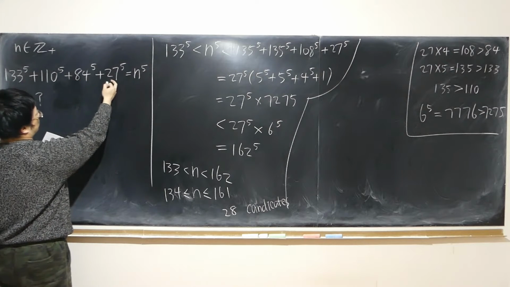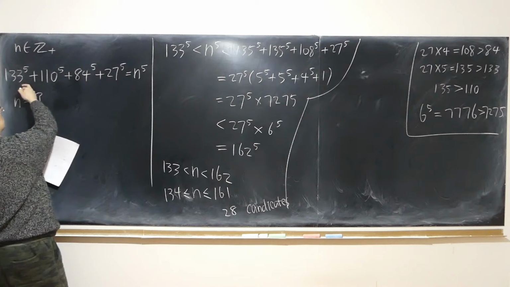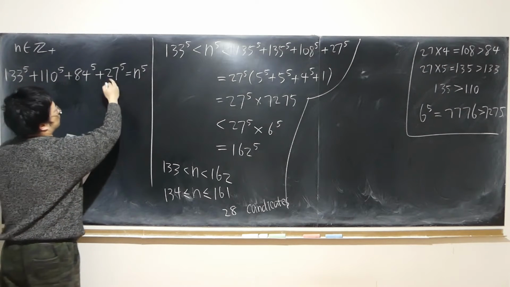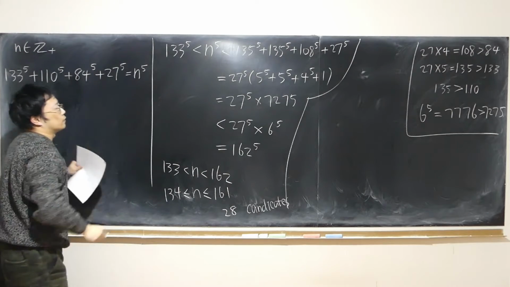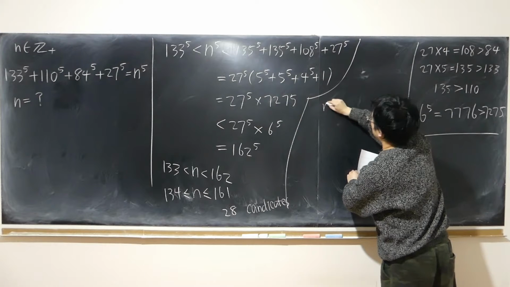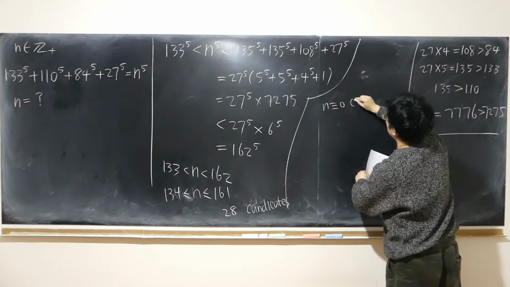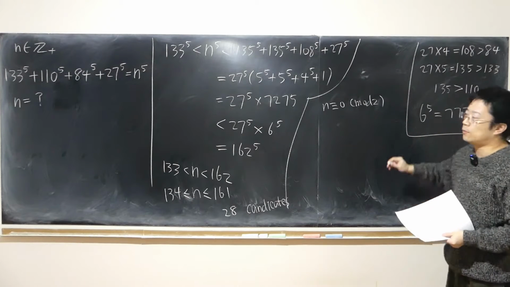This is obviously odd. This is also odd. So even plus odd plus odd is of course even. So n to the power of 5 is even, so n has to be even. No problem. In other words, n is congruent to 0 mod 2.